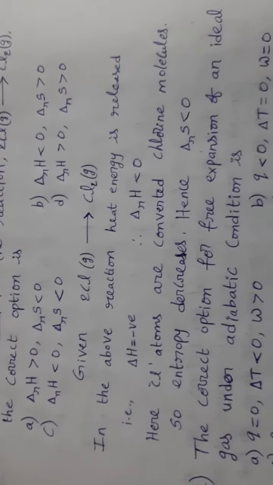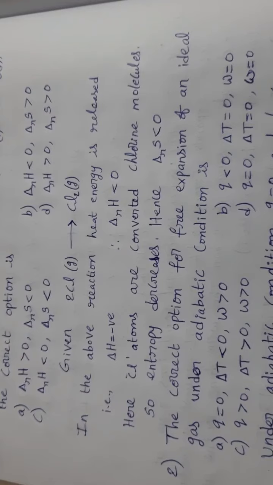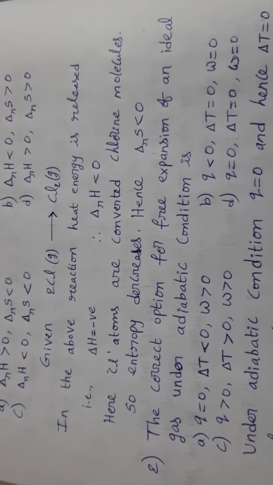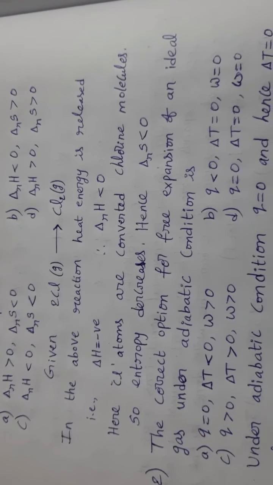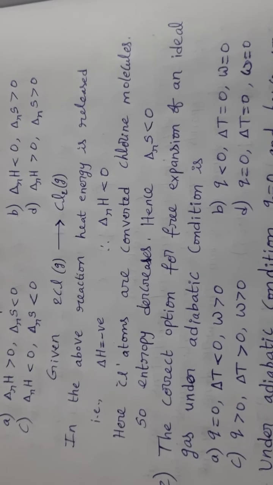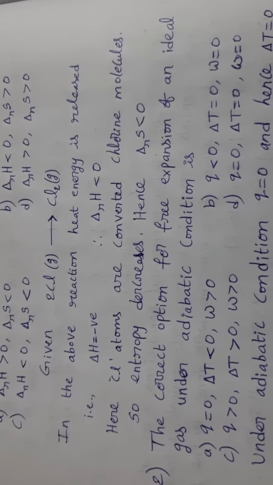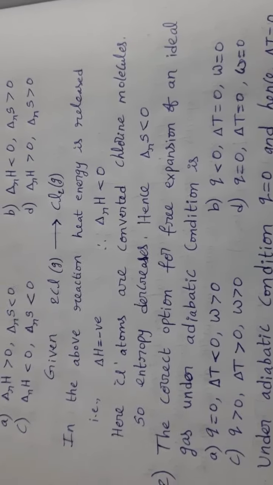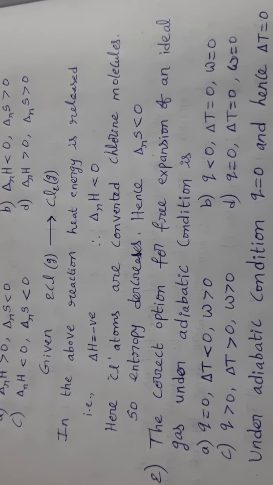Okay. Next, the correct option. This question is also from the same 2020 NEET exam. The correct option for free expansion of an ideal gas under adiabatic condition. So in adiabatic condition, free expansion of ideal gas takes place. Then what about delta T value, Q value, work done sign?